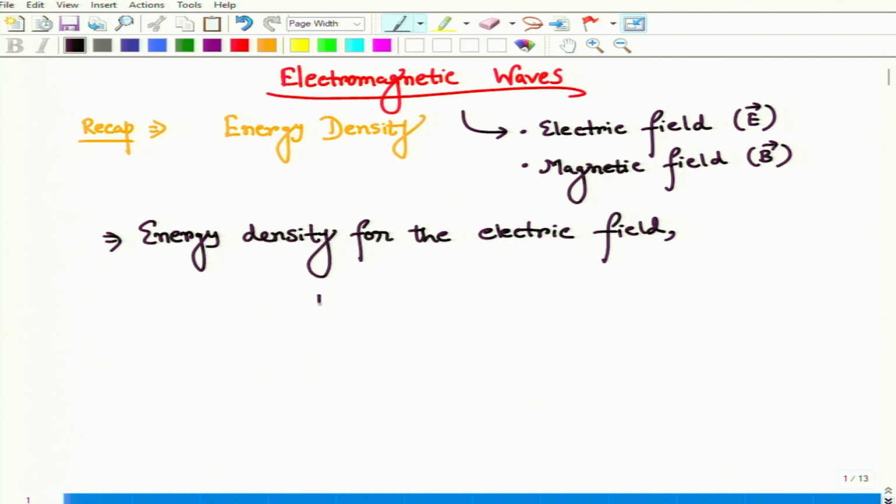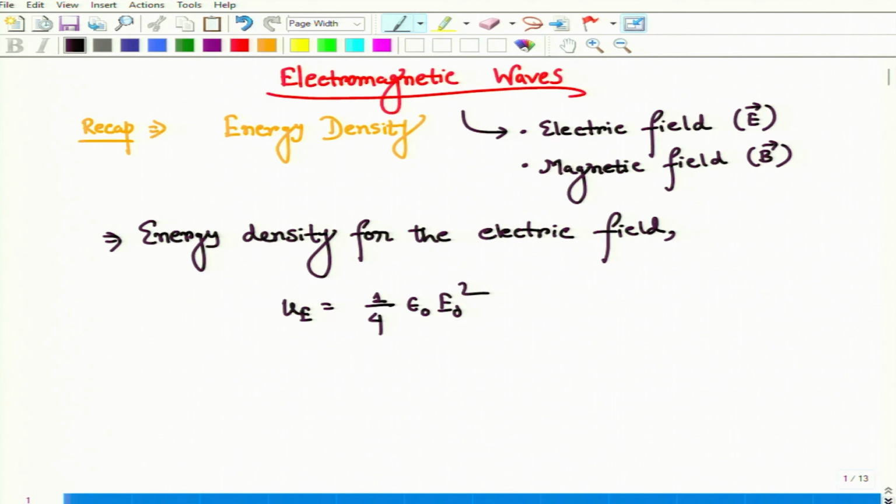That is denoted as UE, right? So let me write it, it is 1 by 4 epsilon naught E naught square.